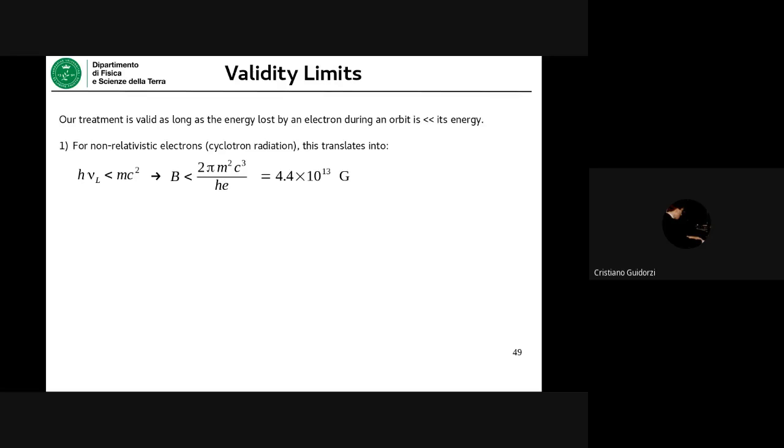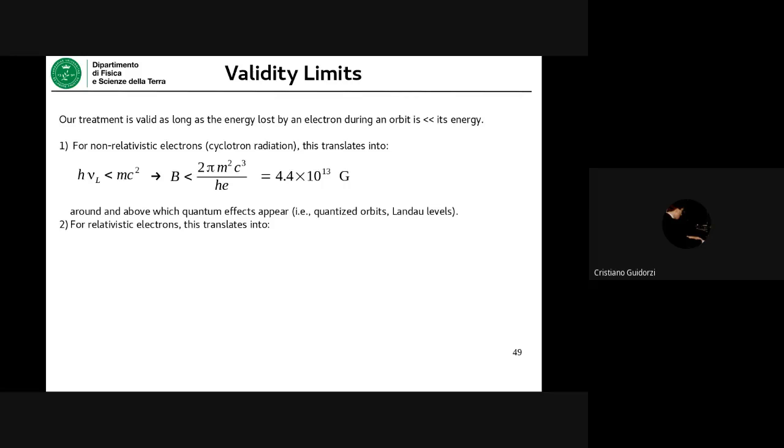Otherwise, when this is no longer the case, quantum effects can no longer be neglected. So you cannot stick to a classical description, and what shows up are the so-called quantized orbits, Landau levels. So you have to take into account the discreteness of the emission through a quantum approach. This is something we are not going to do.